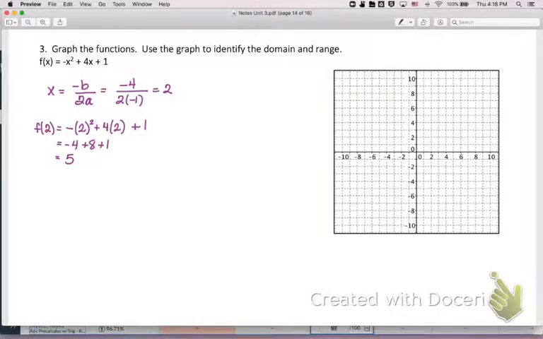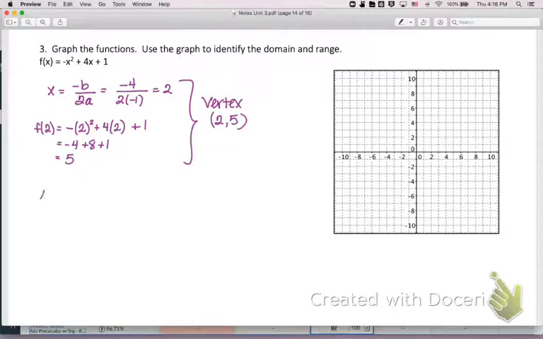What all of this information tells us, our x and our f of x, is that the vertex is at 2, 5. Okay, so a little more work. It's not quite as obvious as the first one.